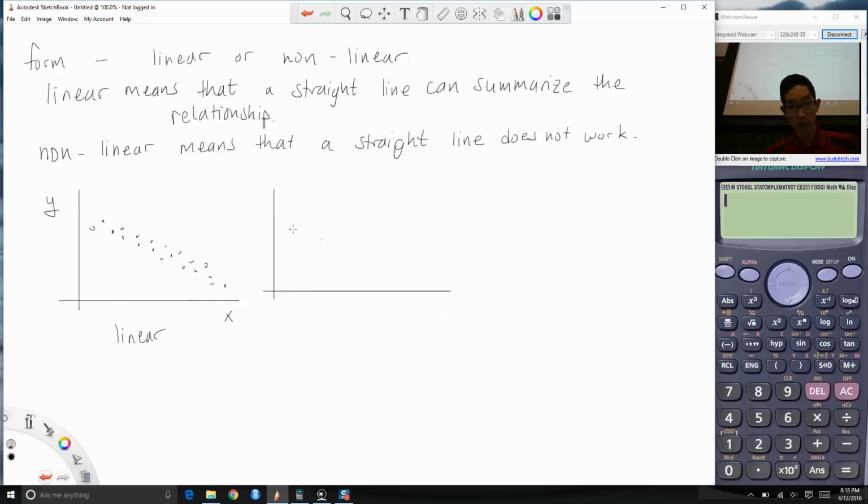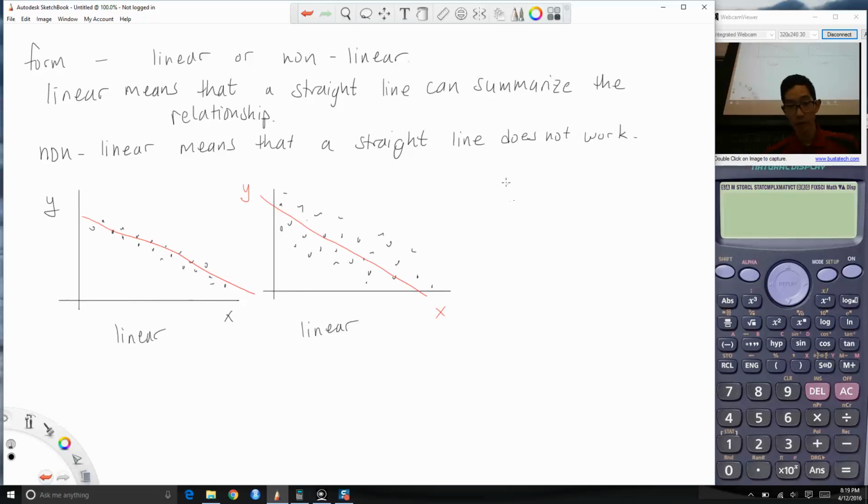Even with lots of scatter, we could still say that overall the relationship fits kind of a straight line trend. So this would also be linear.